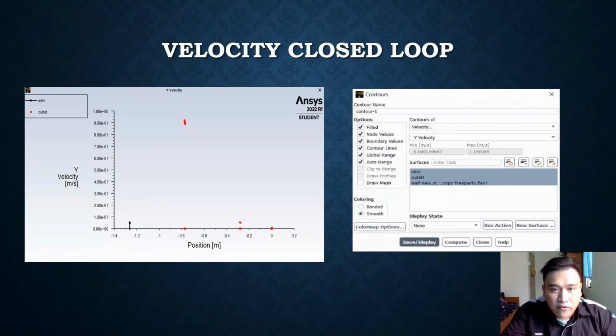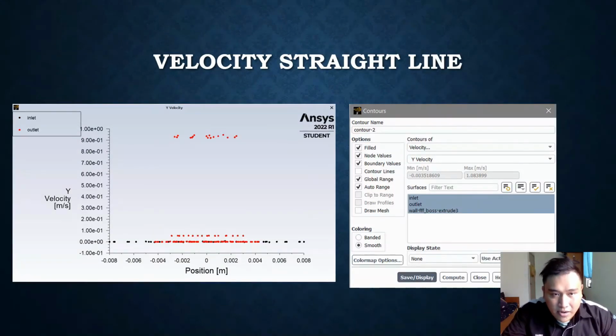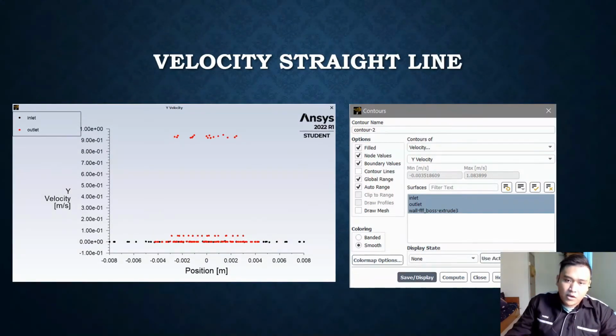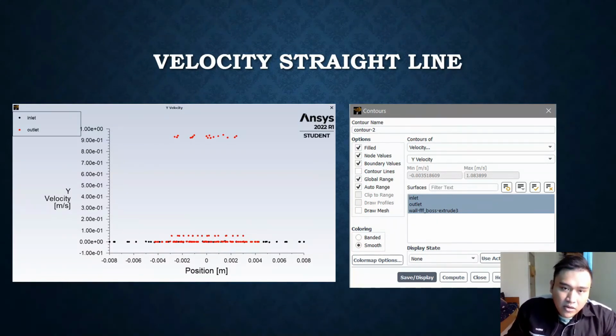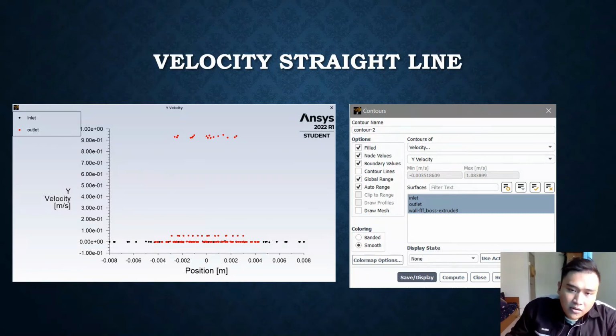Then we proceed to the velocity of the straight line. Now, the maximum velocity for the straight line is 1.0838.899 meter per second. For the minimum, negative 0.0351.90709.